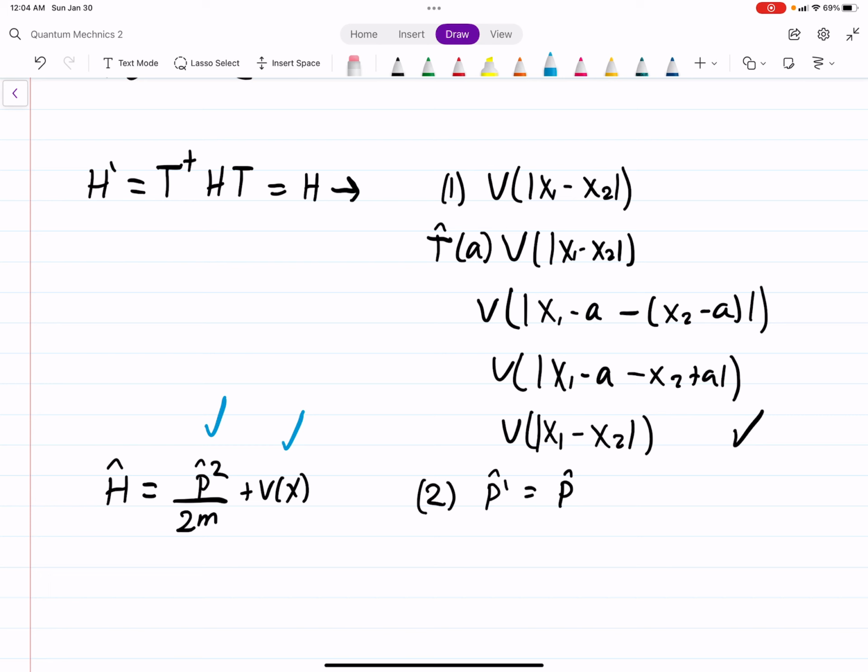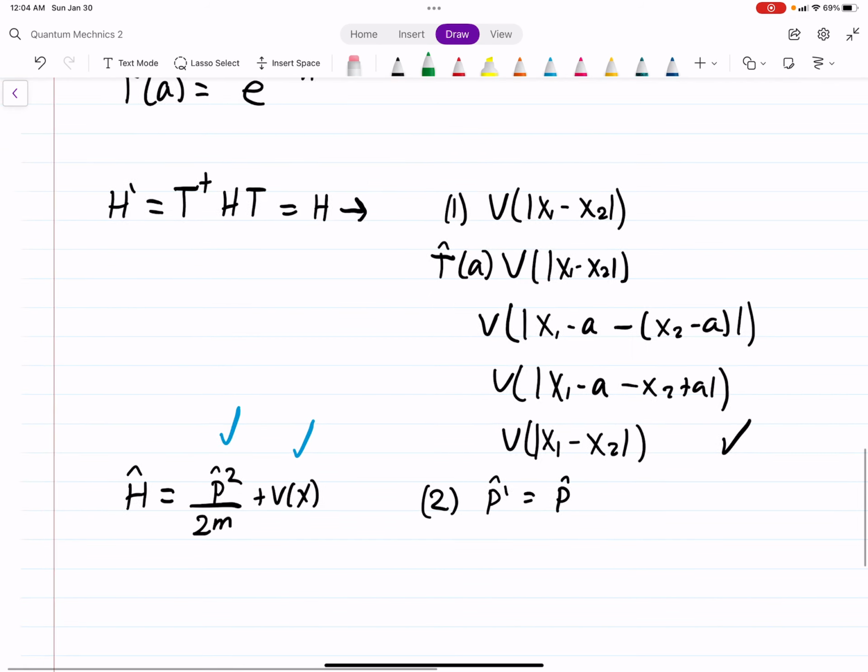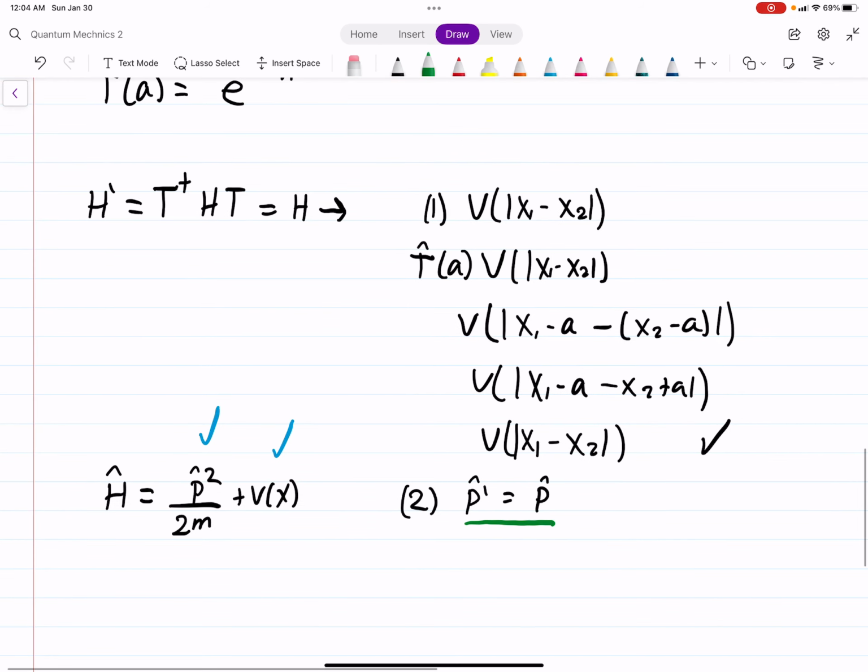So this part is also invariant. If you'd like the justification for this, in one of the last videos, we actually showed this as a homework problem. So I think this statement is completely justified.